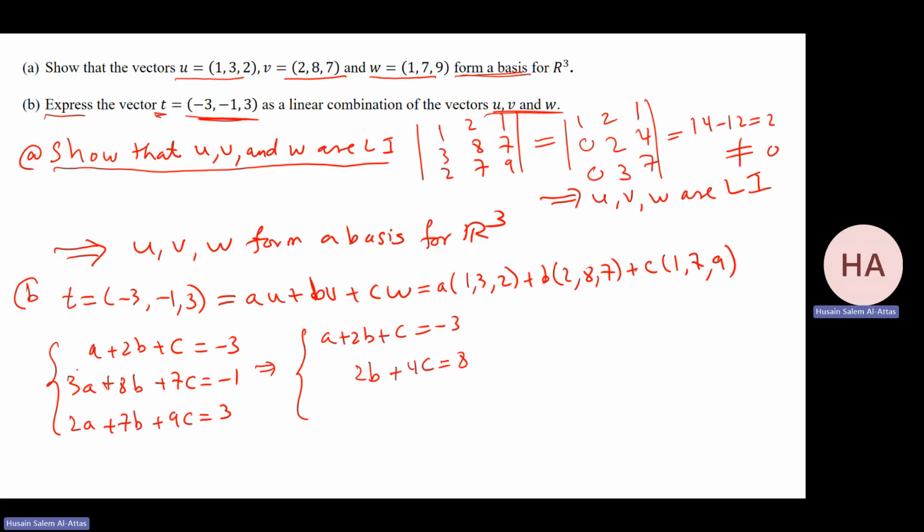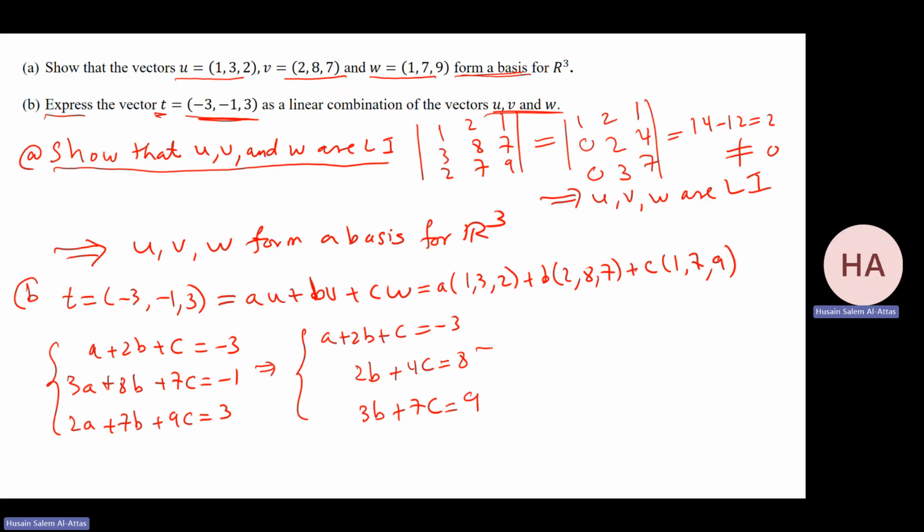The last one, multiply the first equation by minus 2 and add it to the third one, that will be 0. Minus 2, that will be 3B. Minus 2C plus 9C, that gives me 7C. Minus 2 times 3, that will be 6, plus 3, that will be 9.